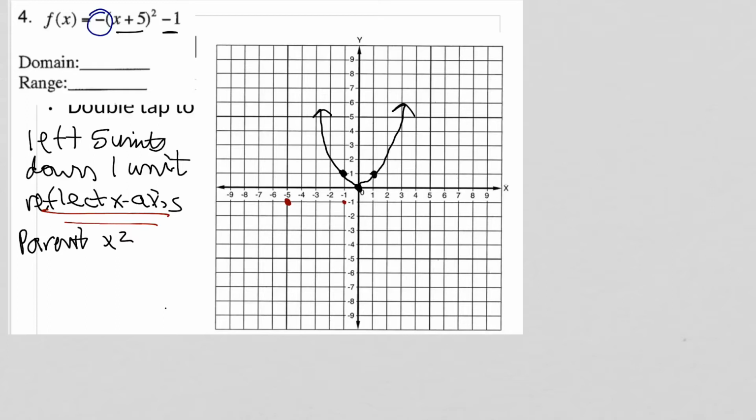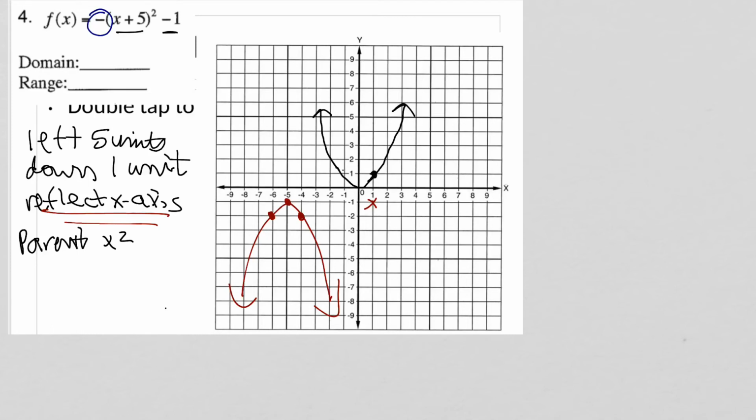But I've got to move that left 5, down 1, so it's actually landing right here. Whoops. Let's redo that one. Okay, next one is, again, reflecting 1, comma 1 in the x-axis, so it would land here, right? But I've got to go left 5, down 1, so it's landing here. So here is my transformed graph in red.